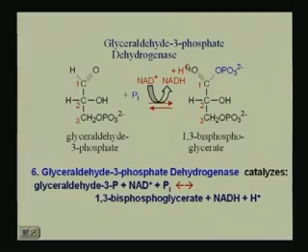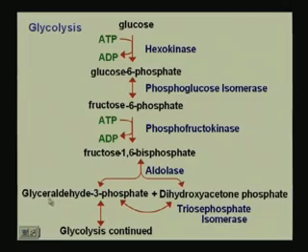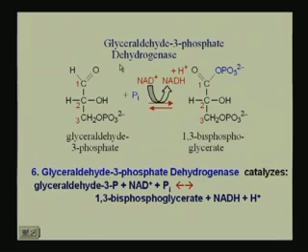Okay. So, this is our step number 6. If you remember, we reached glyceraldehyde 3-phosphate after the action of aldolase on fructose 1,6-bisphosphate. So, our next step is the formation of 1,3-bisphosphoglycerate from glyceraldehyde 3-phosphate. So, we are now adding a phosphate, but we have not used ATP in this step.